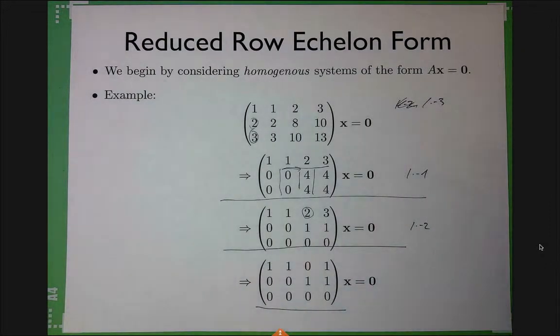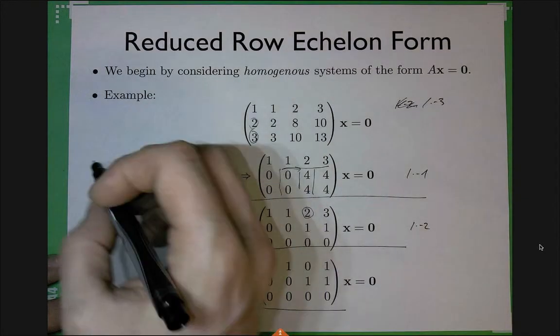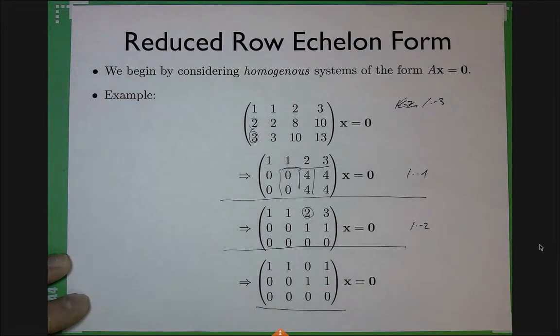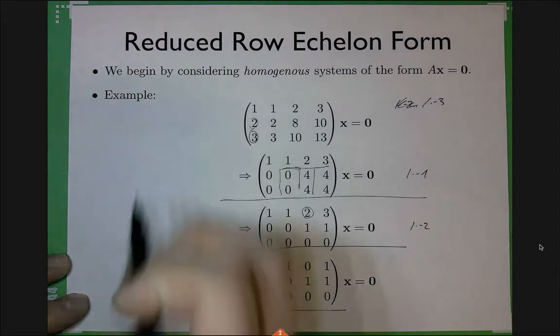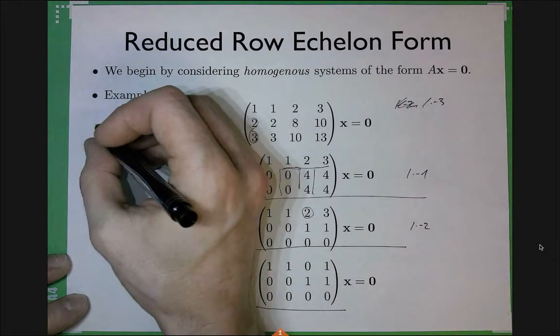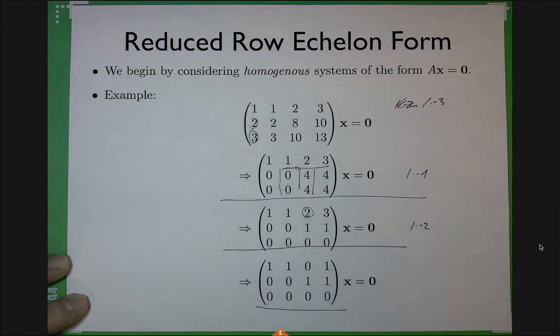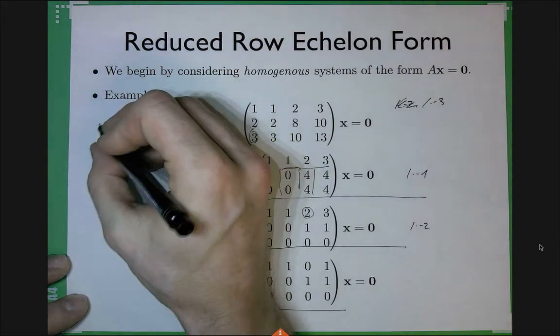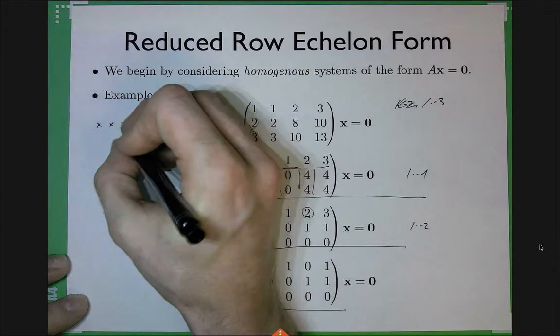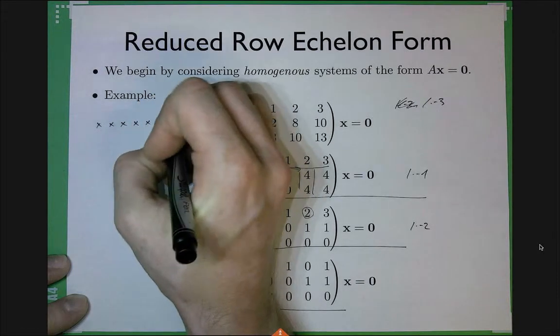So how would it look in general? In general, what you can always bring an arbitrary rectangular matrix to is the row echelon form, which looks like this. I have some non-zero element here, and there might in general be non-zero elements following it.